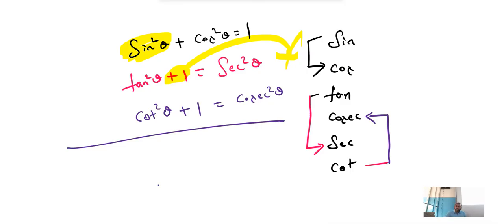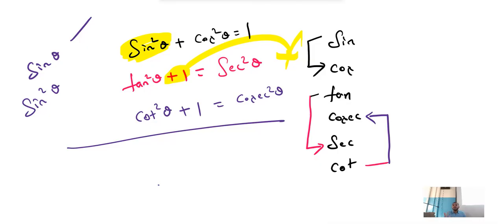Listen, suppose anywhere in the question, if you see the word sin theta, then use trigonometric ratios. Anywhere in the problem, if you see the word sin square theta, then use identities.